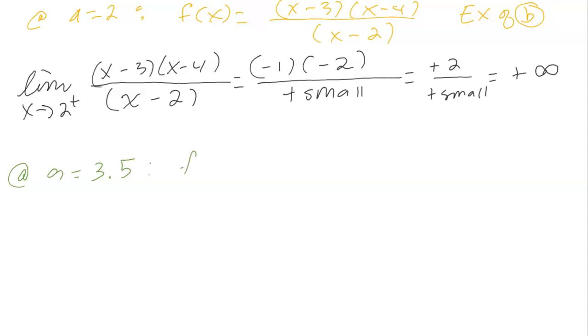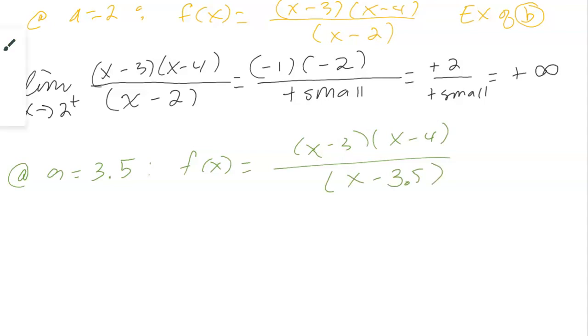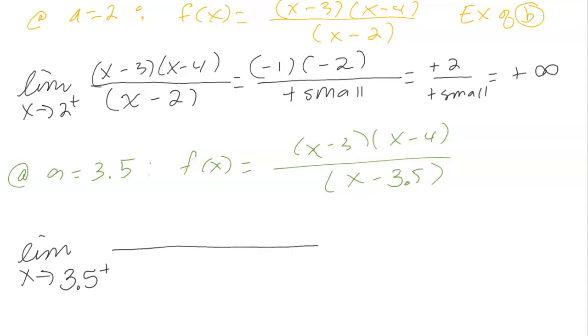Then your f of x is going to be x minus 3, x minus 4 over x minus 3.5, and we are trying to take the limit as x goes to a from the right, so 3.5 from the right.